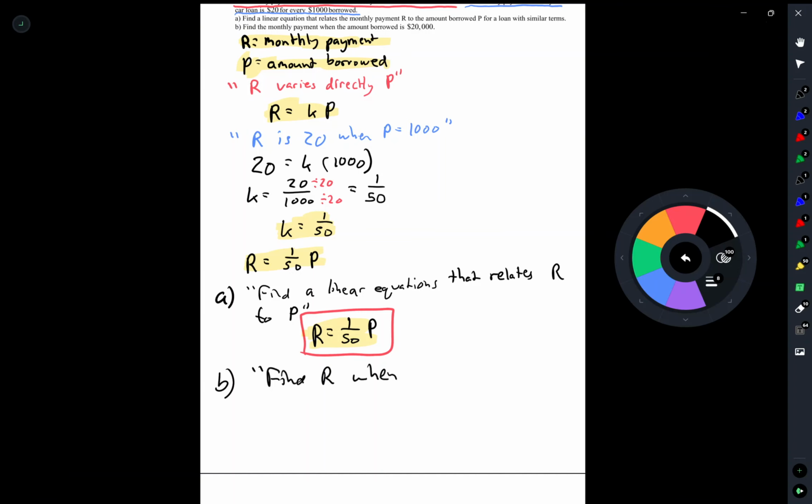The amount borrowed is P. We wrote that down at the very beginning. When P is $20,000, this is what they're asking us. Find R when P equals $20,000. We have the equation from part A. We can just plug in P equals $20,000 and find R. So again, you see when we convert this piece by piece, it makes the whole thing a lot easier to handle, especially if you write down key details.